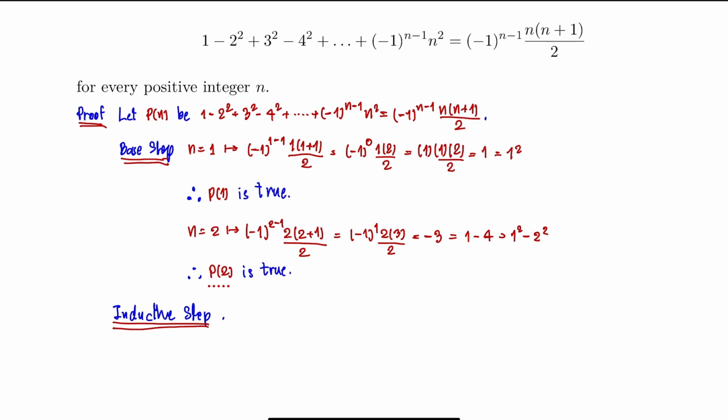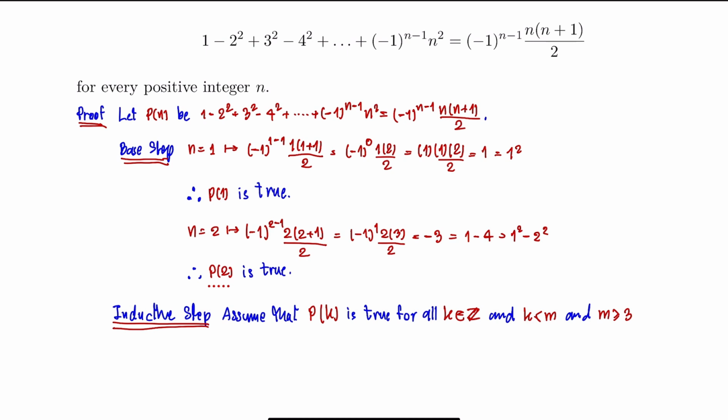I'm going to assume that P(k) is true for all integers k, where k must be less than m, and m must be greater than or equal to 3. So I use strong induction.